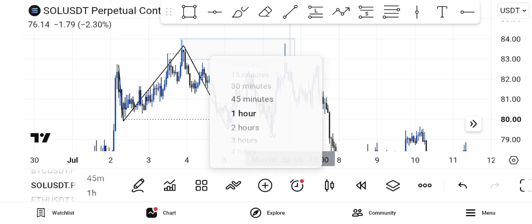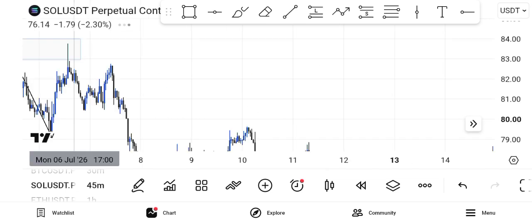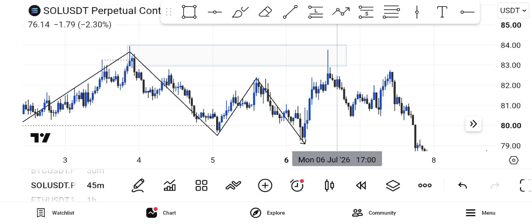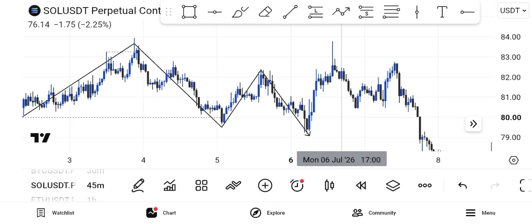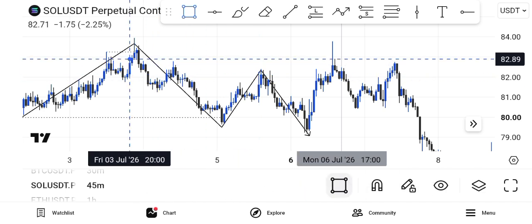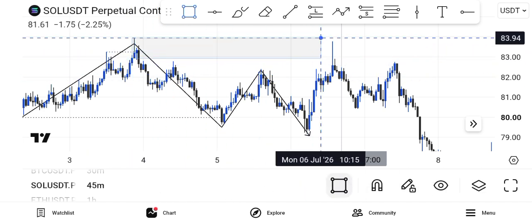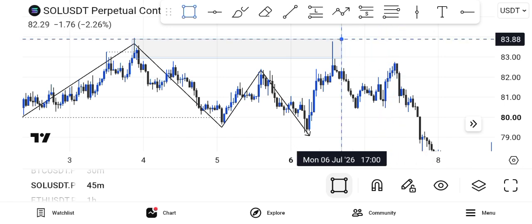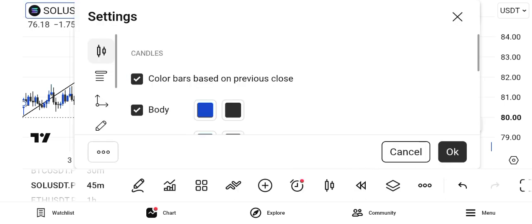Now at this point here, this is where we have our order block. If you see the order block here, this is just a good example of an order block. This was the last candlestick before that impulsive move, and you see how price left that zone aggressively. So this is an order block of the market here.